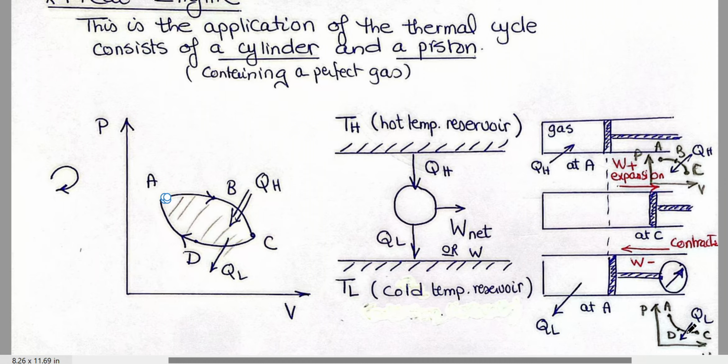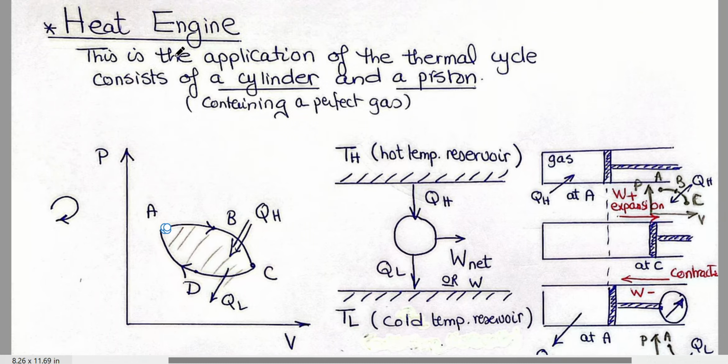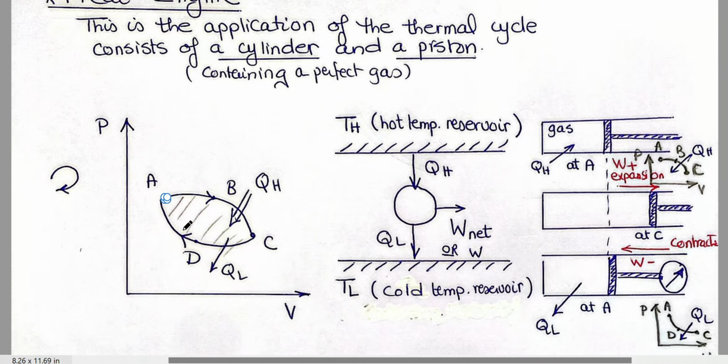This is the second part of the cycle, CDA. So the heat engine is the application of the thermal cycle. I have half the cycle expansion and the other half contraction. Take care that the cycle is always clockwise.